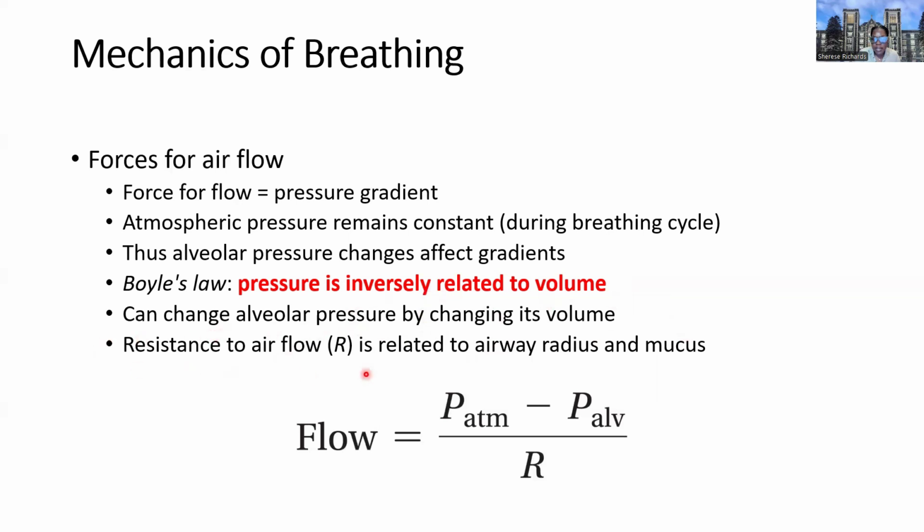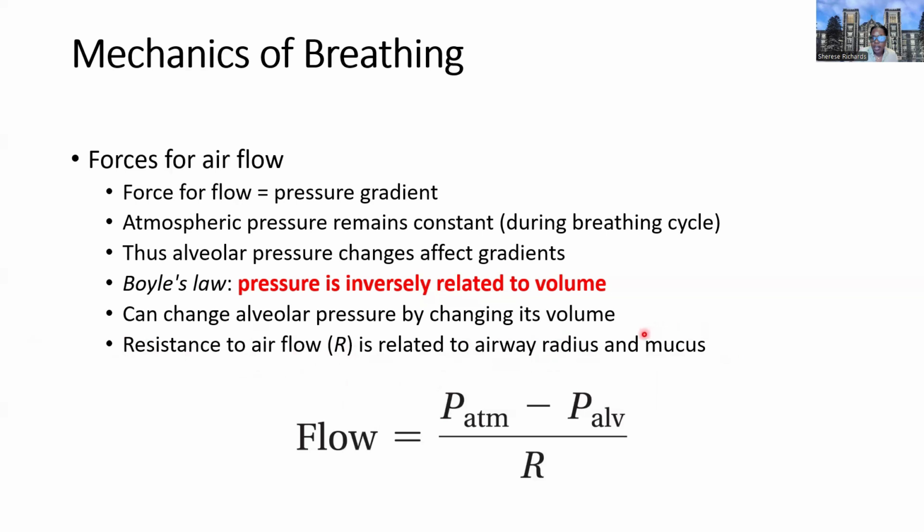And then we also talked about resistance here. This resistance is going to impede flow. This can be due to things like the airway radius, which becomes important with things like asthma. Asthma obstructs the airway, especially the bronchus. And so as that airway gets smaller, it impedes flow, and that can be resistance to our overall driving force for flow.